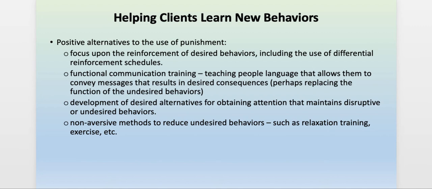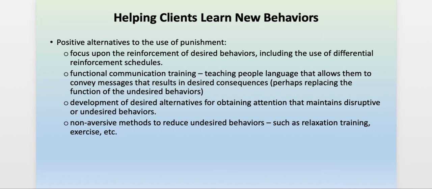You can focus upon the reinforcement of desired behaviors, including the differential reinforcement schedules that we talked about a few slides back. You can engage in functional communication training, where you're teaching people, a child or an adult in some situations, to use language to convey messages that result in the consequences they want. Remember that undesired behaviors oftentimes have a function, that they get something.